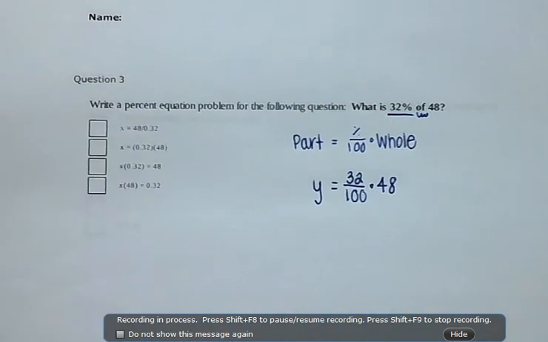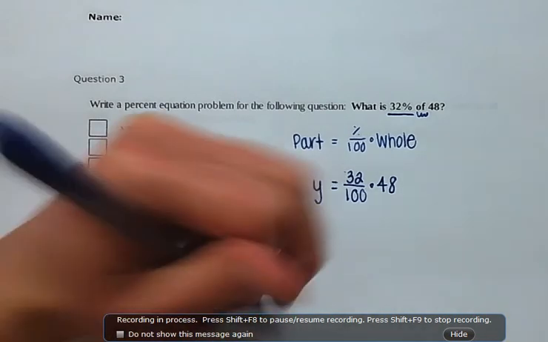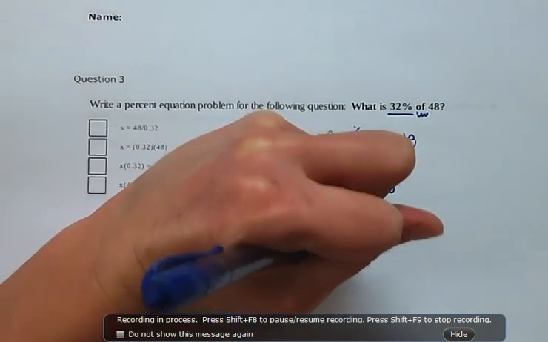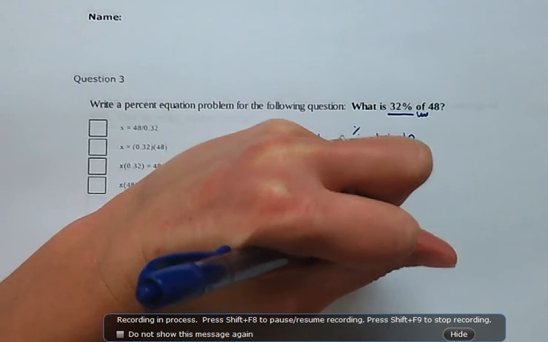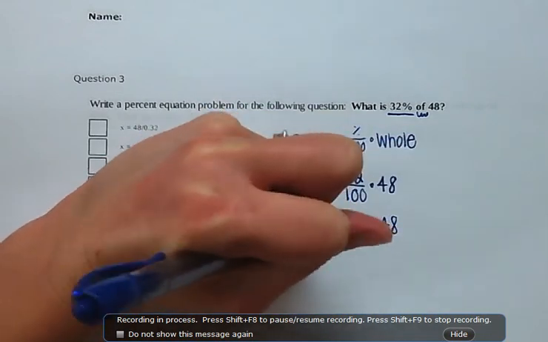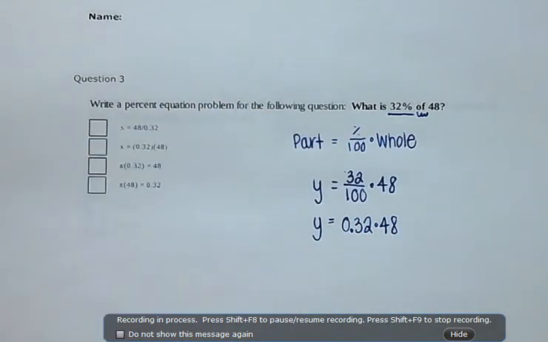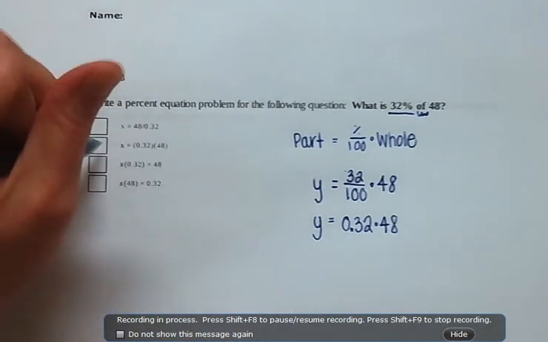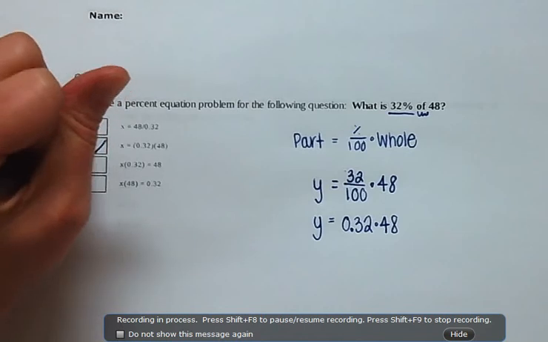In this problem, they used x, and really you can choose to use whatever variable you want. Next, let's simplify 32 over 100. 32 divided by 100 gives us 0.32. And so we can see that the equation is the same as the one written to the right, x equals 0.32 times 48.